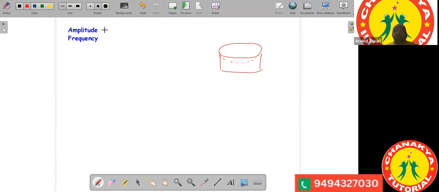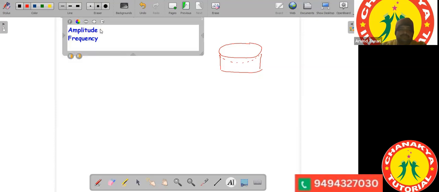So, understood these two terms, amplitude and frequency. Amplitude determines the loudness of sound, and frequency determines the shrillness or sharpness.